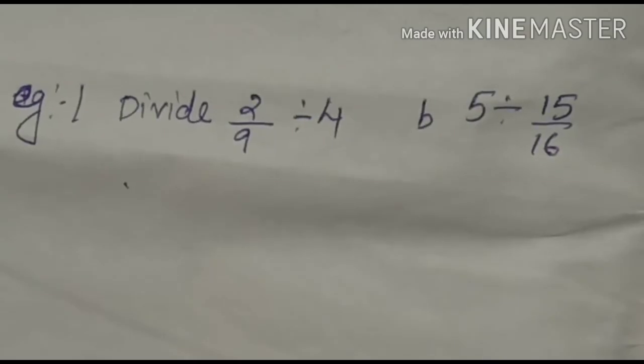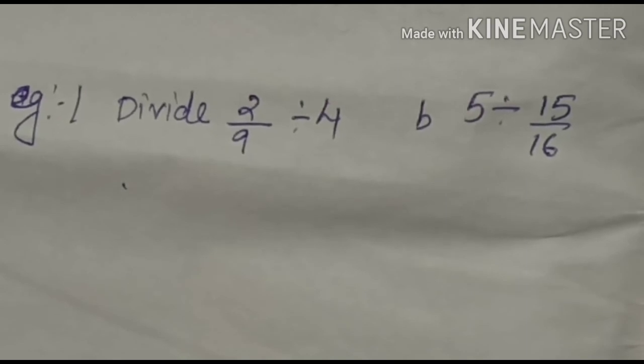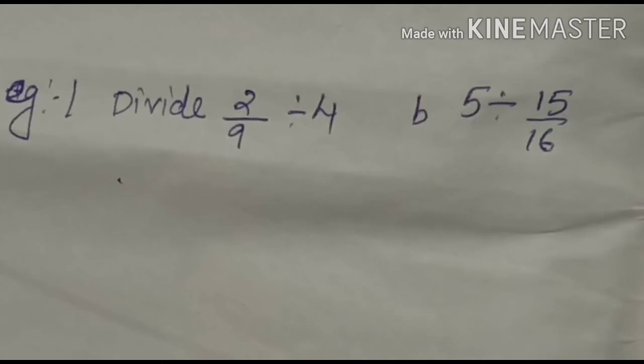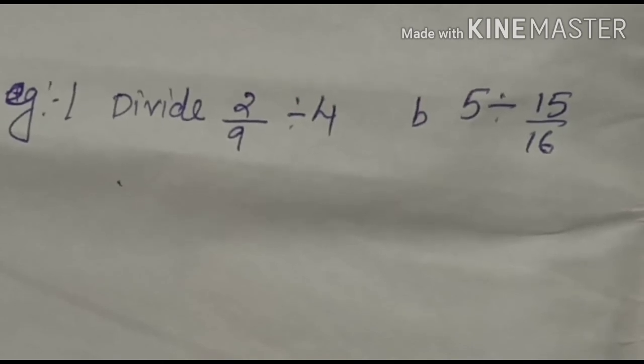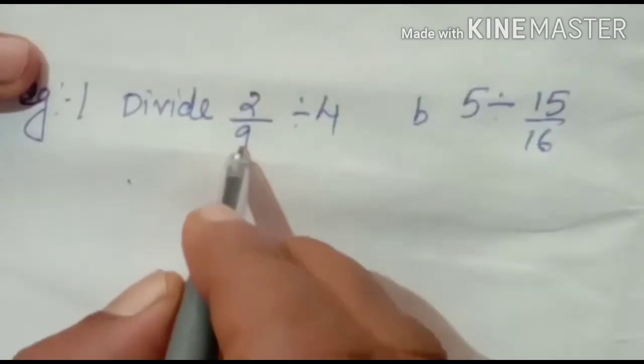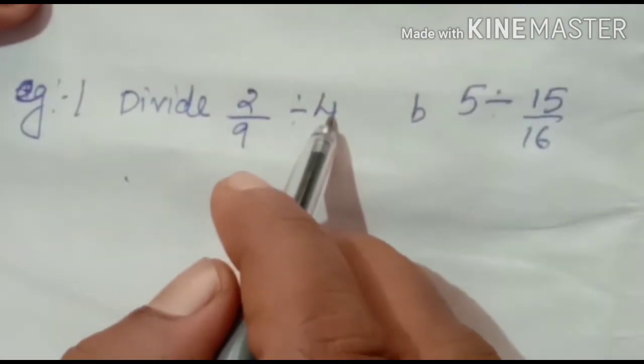Divide 2 by 9 by 4 and 5 divided by 15 by 16. These are the two questions. To divide a fraction by another, we multiply the first fraction with the reciprocal of the second. Here 2 by 9 divided by 4. 4 is a whole number.